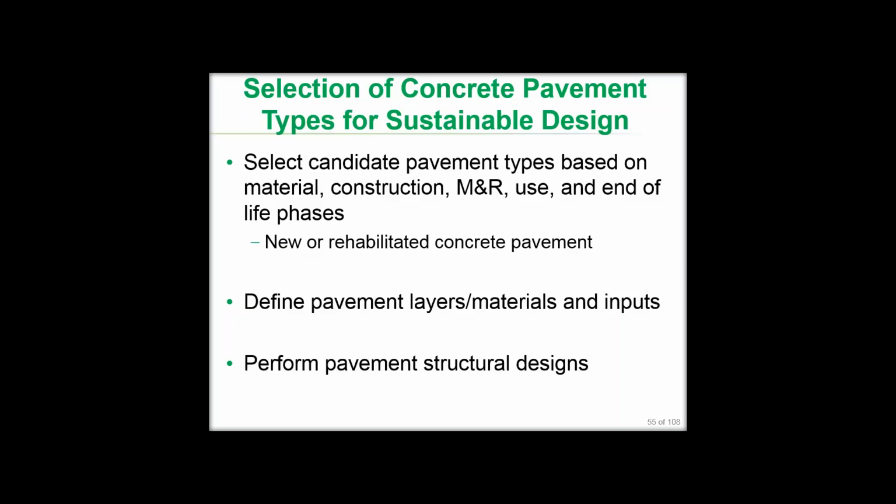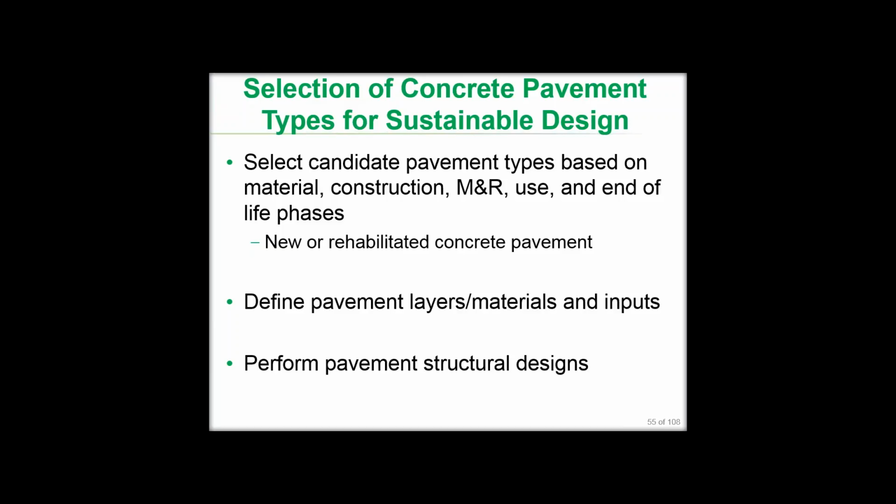So as we're going through the different available concrete pavement types, we'll understand that some have better benefits than others at different life cycle phases, and it's up to the agency objectives, their sustainability objectives particularly, which ones are more beneficial.